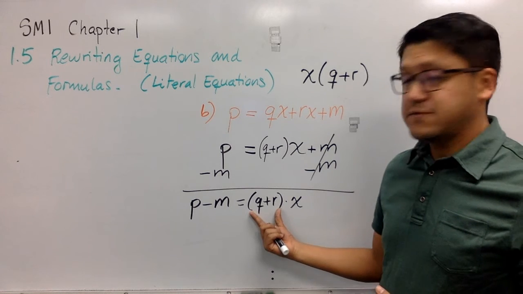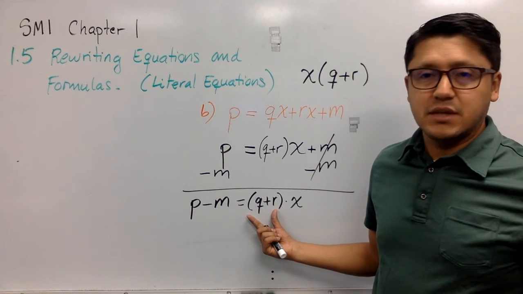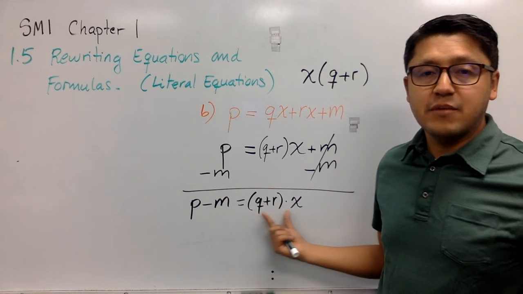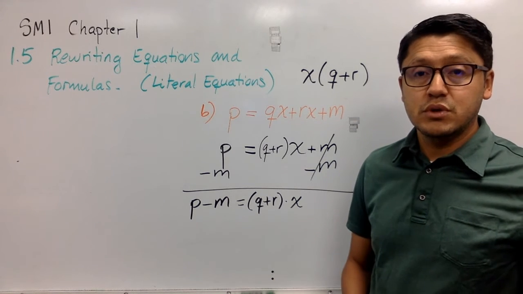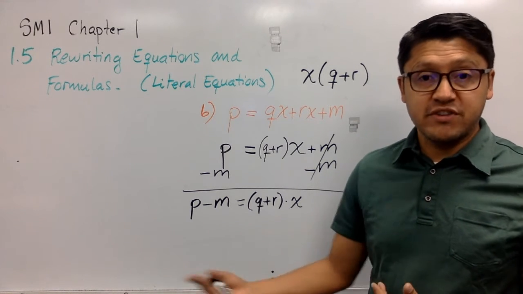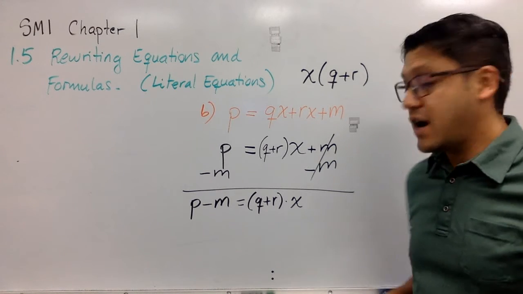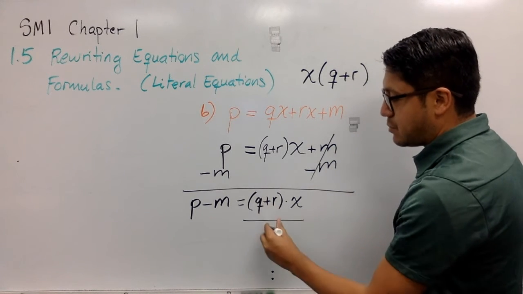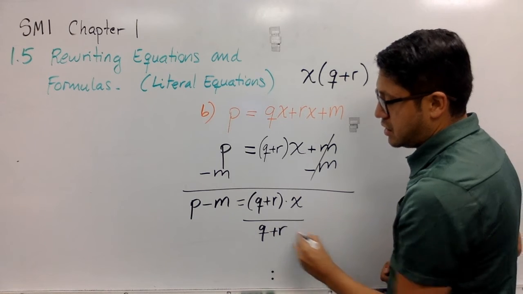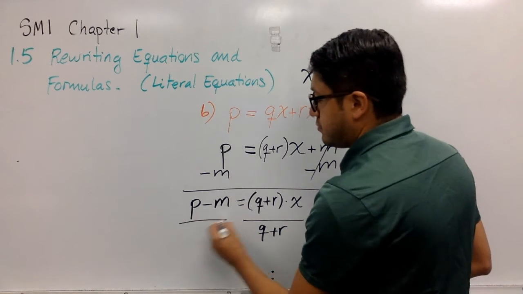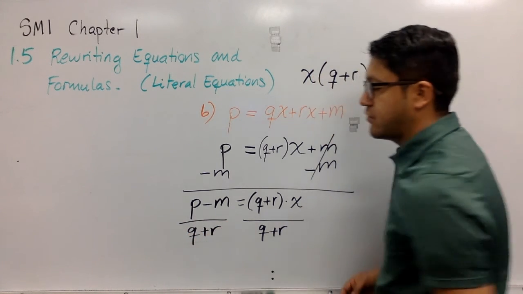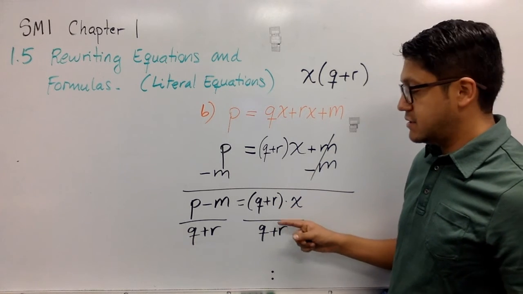Think about this as if it were just a number. Let's say that it were a 5. If you have 5 multiplied by x, what is the last step you would do? You would divide by 5 on both sides. But instead of dividing by 5, you're going to divide by this number, which is q plus r, right? And I am going to do it on both sides. What happens with this?